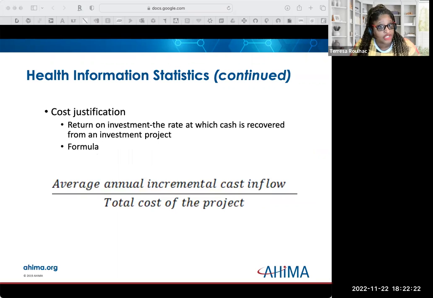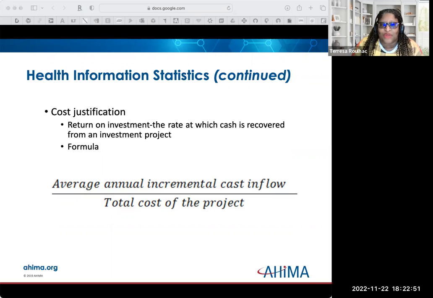Now, for the cost justification, this is the conventional task of quantifying benefits and savings, and then comparing them with what we purchased, what we paid for, and seeing whether or not there is some type of reward from us purchasing this high amount or high quality, high priced item.